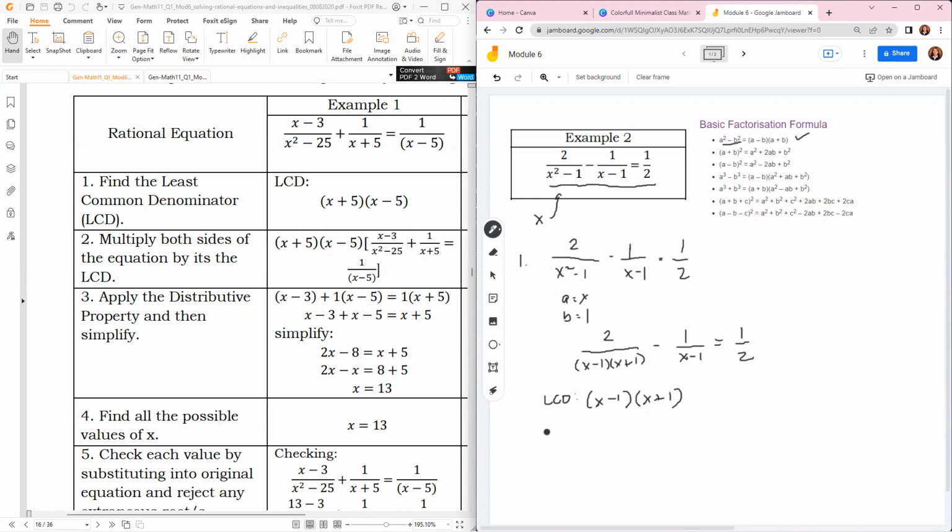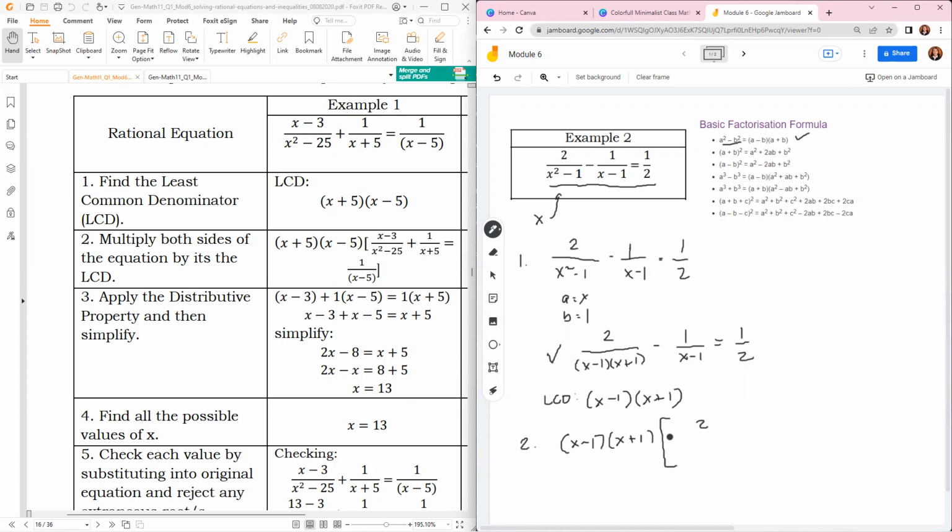What do we do with the least common denominator? Step 2: we multiply both sides of the equation by the LCD. We multiply this whole expression by (x minus 1)(x plus 1).